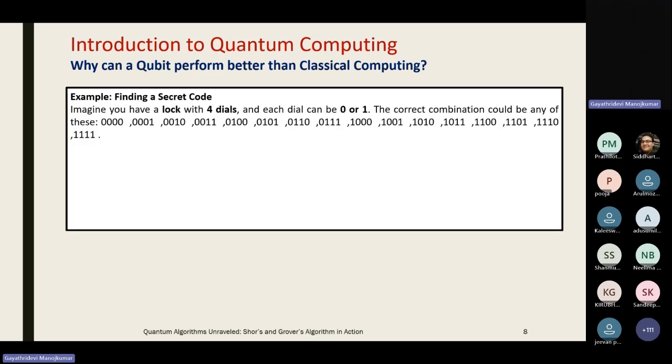Here we can see the problem. Imagine you have a lock with 4 dials. Each dial can be 0 or 1. So we can have 16 combinations, right? Yes, we can have 16 combinations here.